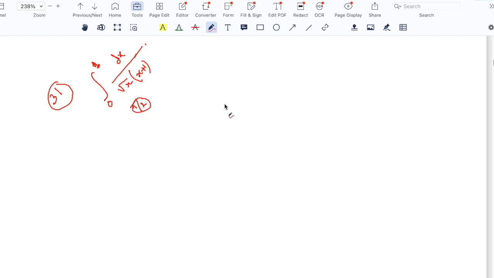So to solve this problem, you need to first think why this integral is improper. If you put 0, then the integrand becomes infinity. So this integral is improper because of 0.